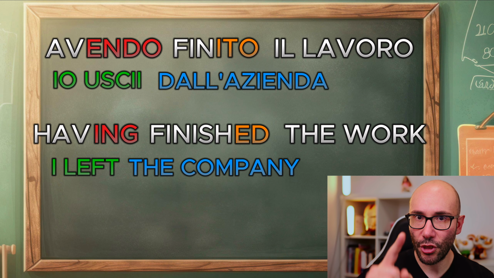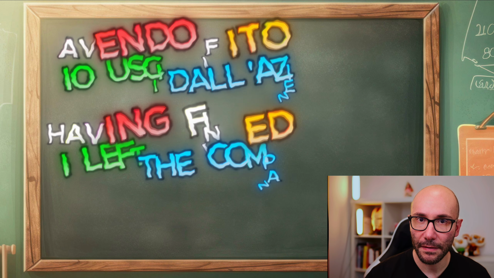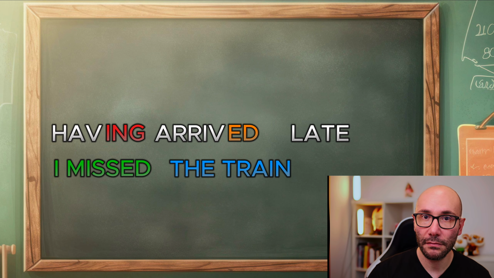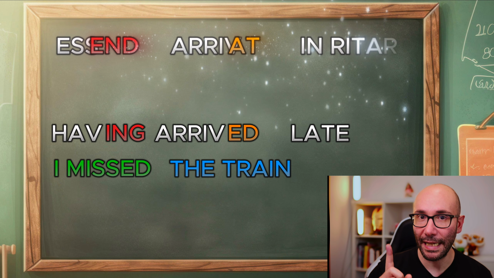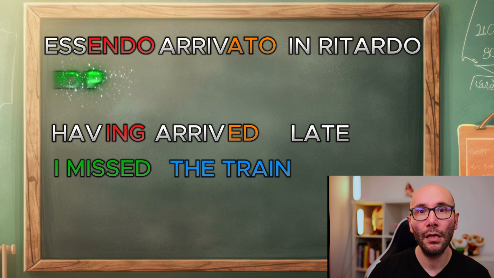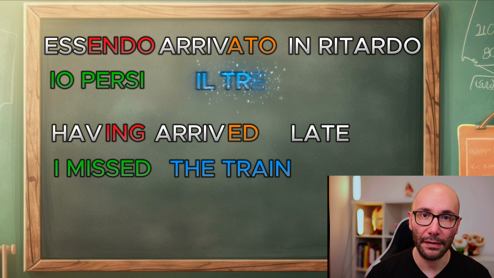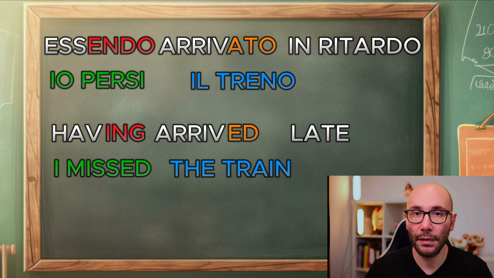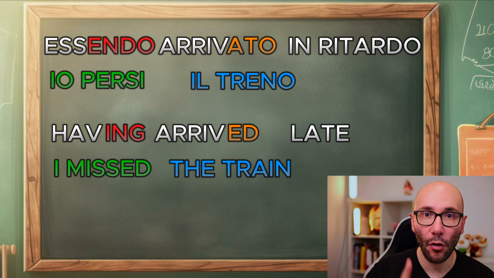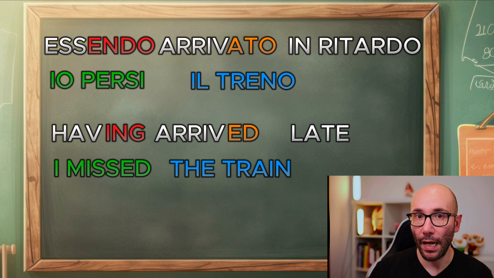Another challenge. Translate this. Having arrived late, I missed the train. Essendo arrivato in ritardo, persi il treno. Io persi il treno. Arrivare, to arrive, wants essere as its auxiliary verb. That's why you use essendo arrivato.